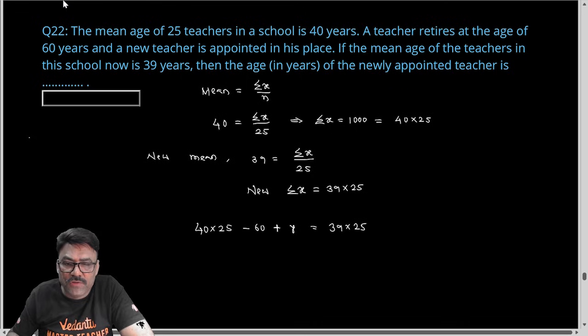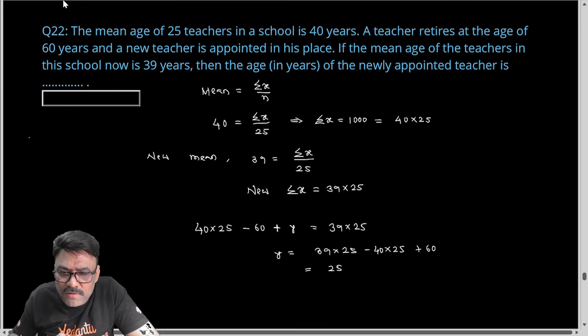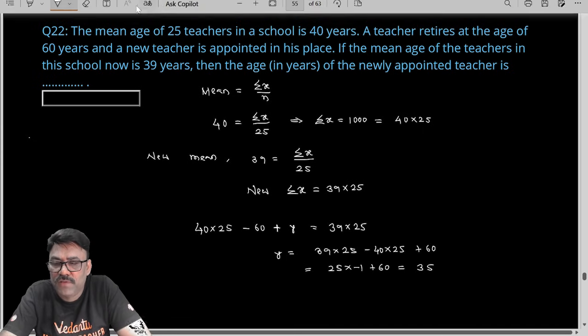So this will give you y = 39 into 25 minus 40 into 25 plus 60. 25 taken common here, so 39 minus 40 is minus 1, times 25, plus 60. 60 minus 25 is 35. So the age of the new teacher is 35 years.